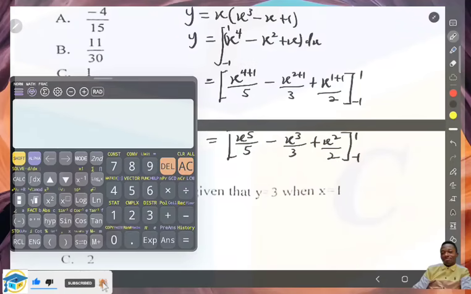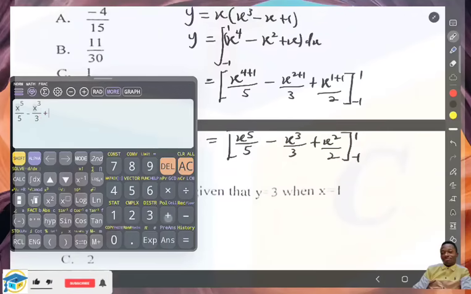So I want to have here alpha x to the power of what? 5. Okay, and then divide by 5. Then minus. Then we have alpha x to the power of what? 3. And then divided by what? 3.